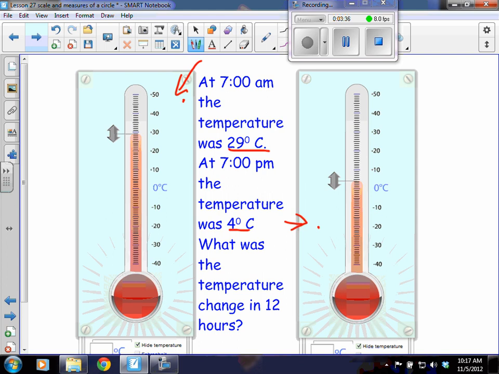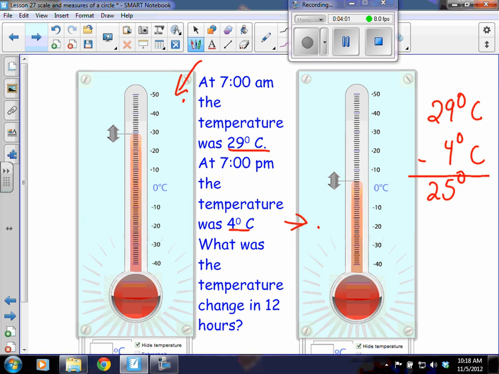And so we're reading the scales to understand how to read the thermometer, what they look like. And now we're going to take that 29 degrees Celsius and we're going to subtract that 4 degrees Celsius because we want to find the change. That's going to become a difference of 25 degrees.